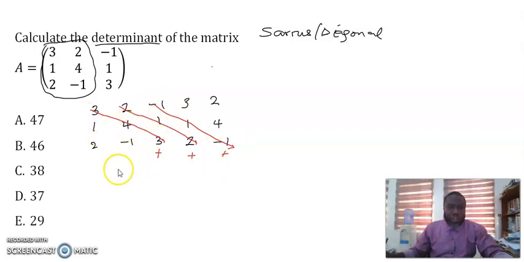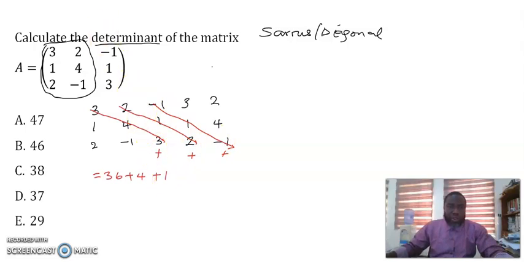So 3 times 4 times 3 is going to give us 12 times 3, that is 36. So it's equal to 36 plus 2 times 1 times 2, that is 4. Then negative 1 times 1 times negative 1 will give us positive 1.